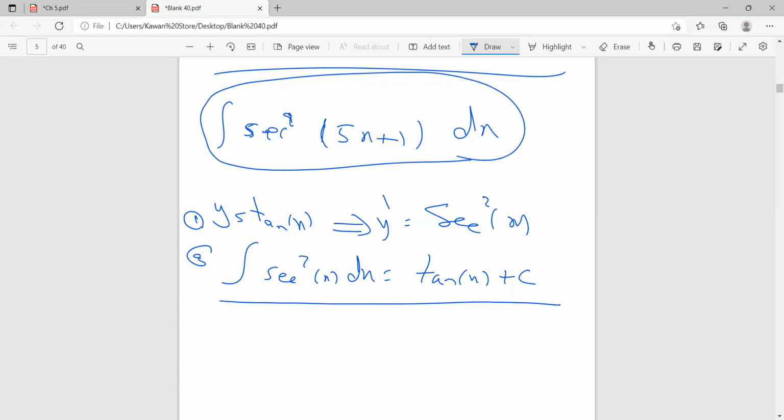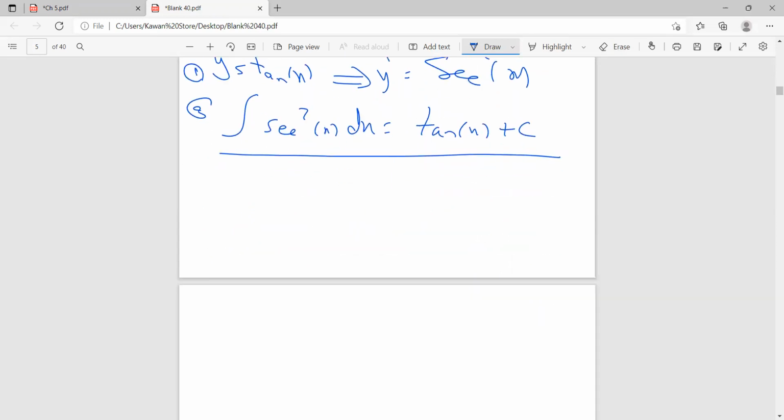You got it? Okay, so the second, this is simple. If I change that one to secant square of (5x plus 1) dx, what's the change? Just the angle changed, right?